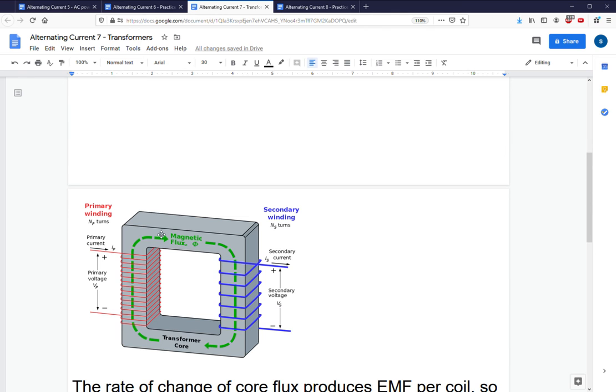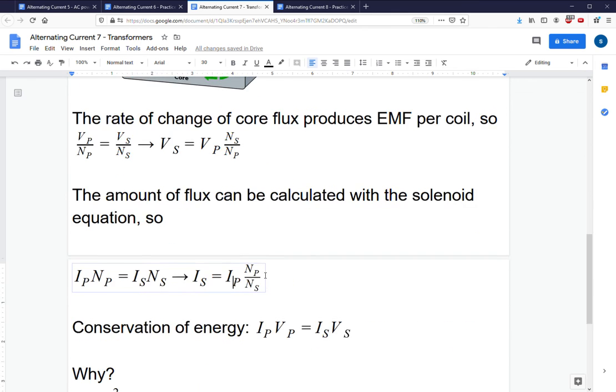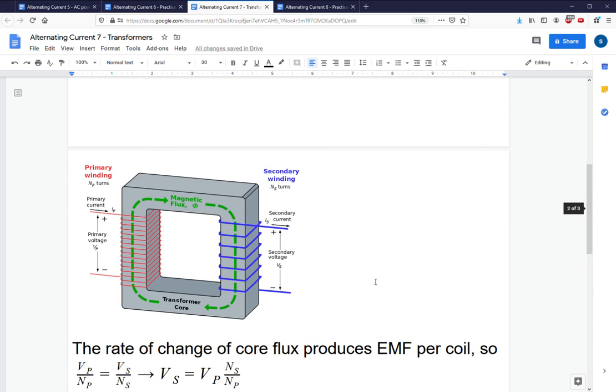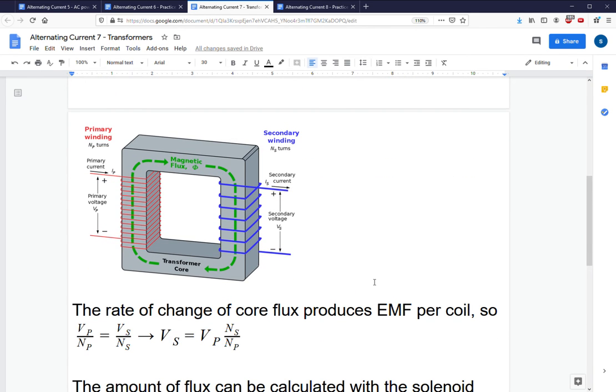So we see that for both the primary and the secondary, current times voltage is constant. We can treat this as conservation of energy. The amount of energy going into the primary coil is equal to the amount of energy coming out of the secondary coil. Again, this assumes that there are no transmission losses, which we are going to assume for the most part in this class.